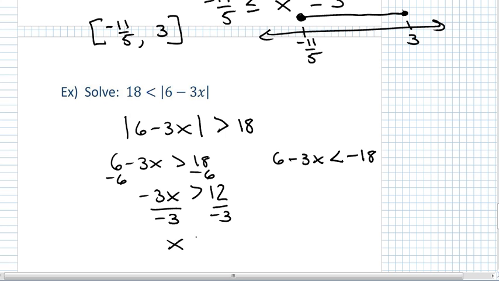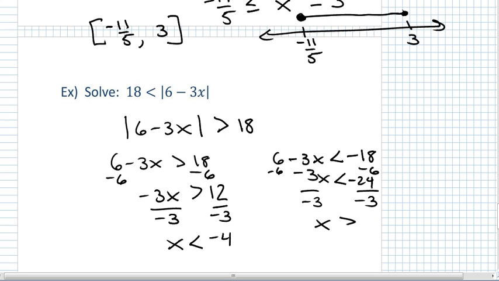Divide by negative 3 means x is less than, because you flip the sign, negative 4. When you subtract the 6 here, you get negative 3x is less than negative 24. Divide by negative 3, and you get x is greater than 8.